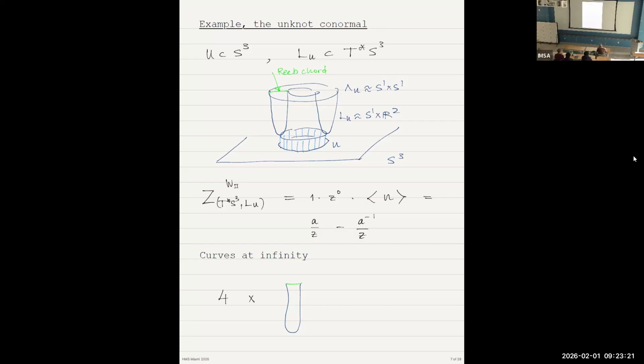So it would be the tensor product, but I'm suppressing that: the circle in the conormal times the value of this unknot in the Skein of S3. I shouldn't have, but unfortunately I'm suppressing the circle in the conormal. If I look at the coefficient for this single circle, then it is A over z minus A inverse over z.